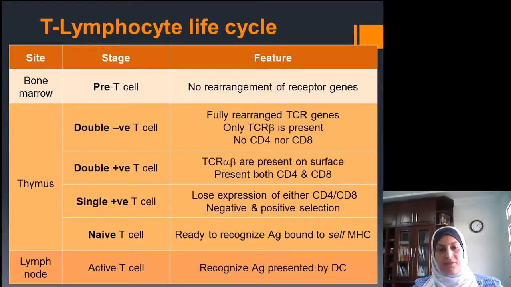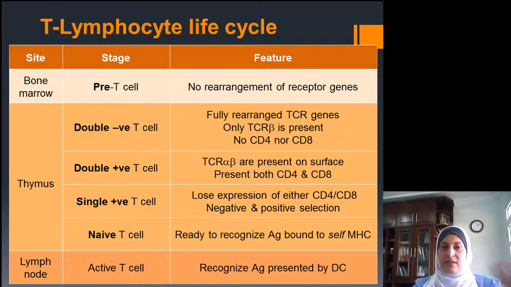In the double positive, it is presenting both CD4 and CD8, so this is why we call it a double positive T cell. Now the T cell receptor alpha beta is fully rearranged and presented on the surface. In a single positive, it loses expression of one of the CDs, so it will become only CD4 or CD8.